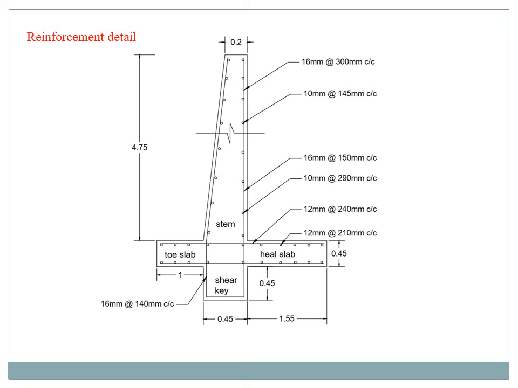Then see the heel slab: our main reinforcement is 12 mm diabar at 240 mm center to center distance. Then our minimum reinforcement is 12 mm diabar at 210 mm center to center distance. See the shear key: 16 mm diabar at 140 mm center to center distance. So mark all the values from our previous steps.